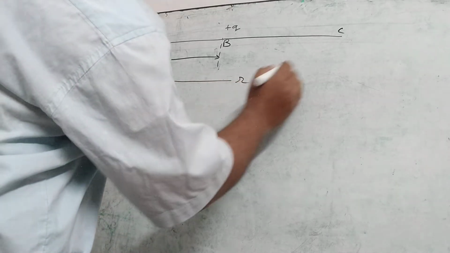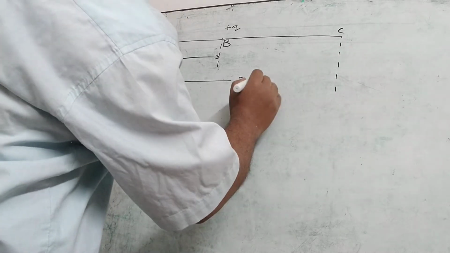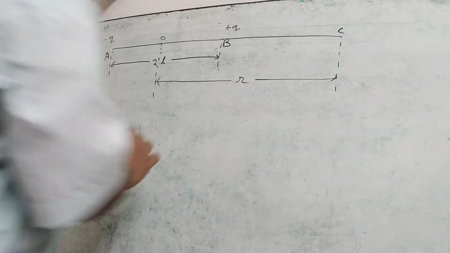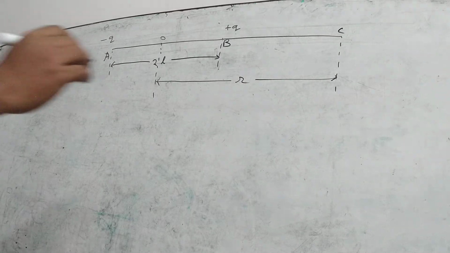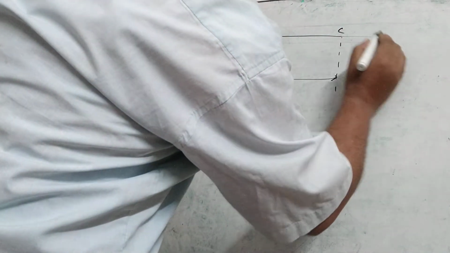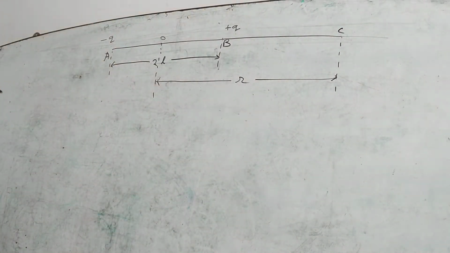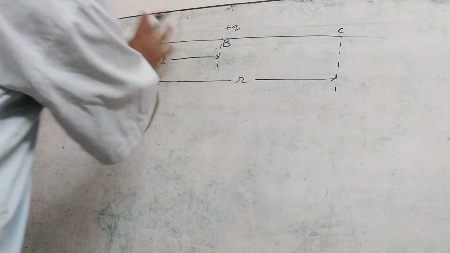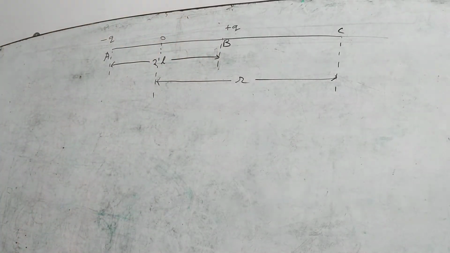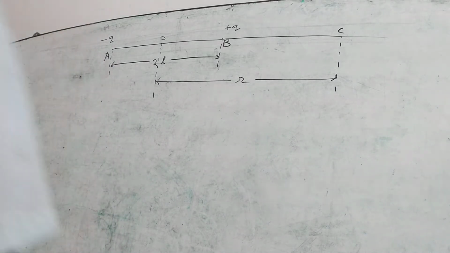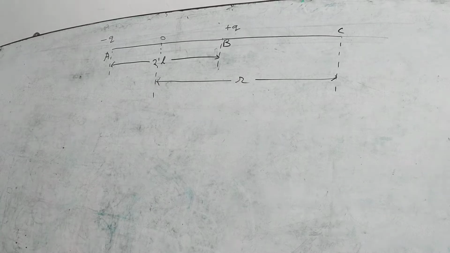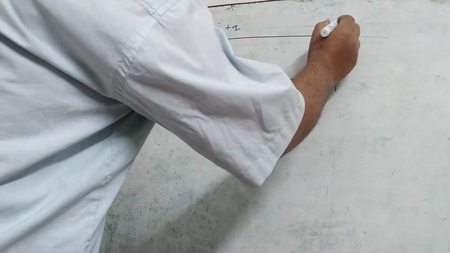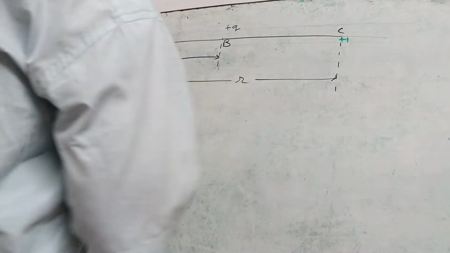The distance between O and C is R. Now we are going to find the magnitude and direction of the electric field at the point C produced due to the electric dipole AB. Therefore, we can consider a unit positive test charge at the point C, plus 1 charge.